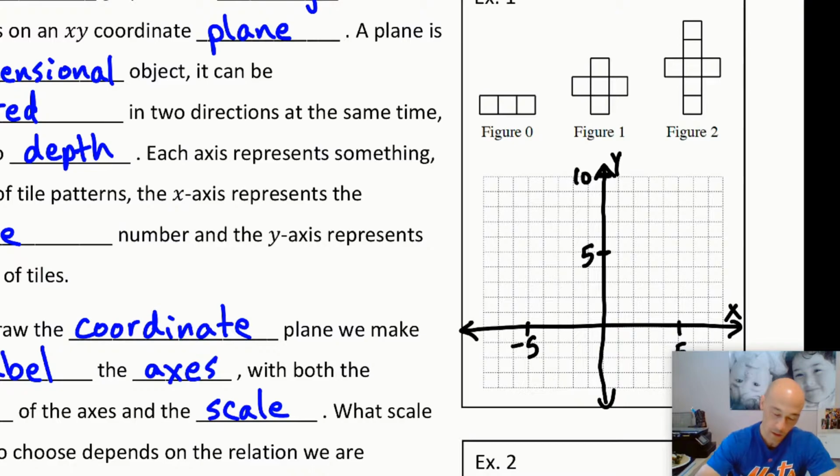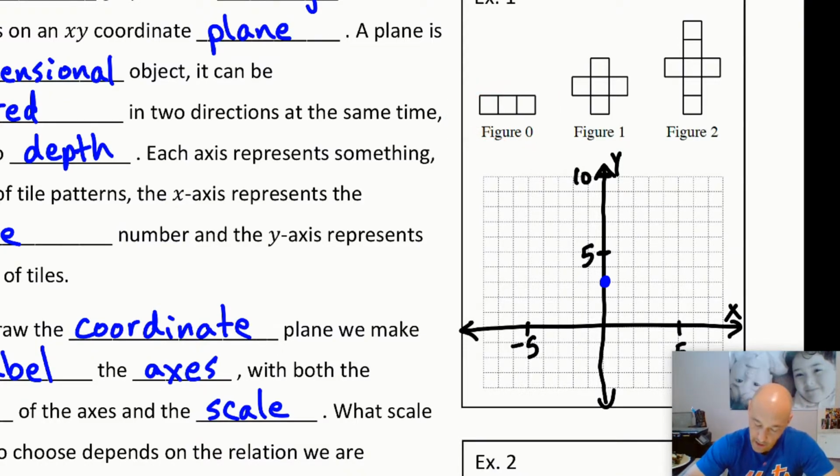So now we have figure 0 has 3 tiles. Any point that would be on here would be figure 0, because my x-axis, how we measure this way, represents the figure number. Figure 0 is 3 on the y-axis because there are 3 tiles in figure 0.